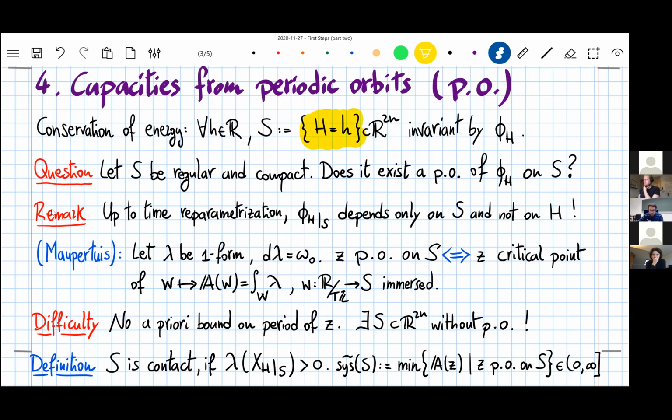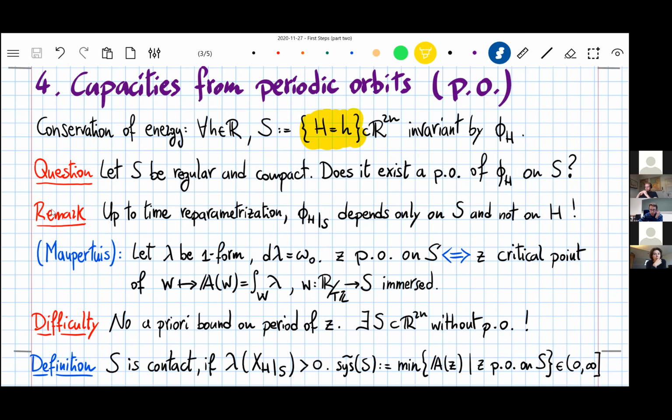So I can look for periodic orbits in this specific energy level, which in the following I will take to be a smooth, compact submanifold. Otherwise, if you remove compactness, you easily find counterexamples, and regularity is also nice because we want to use some differential geometry. So we want this to be regular.